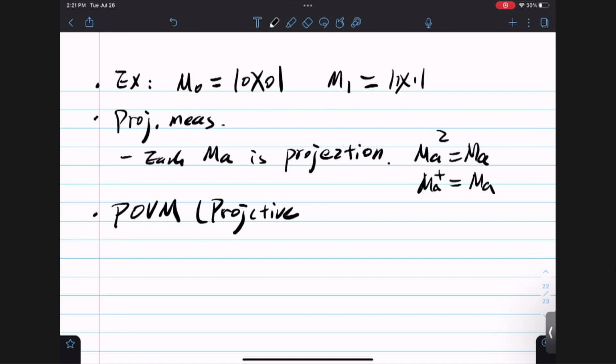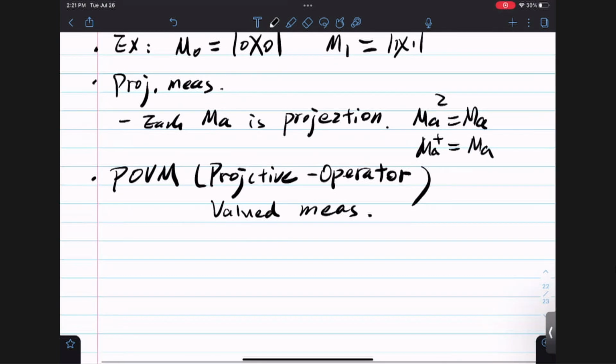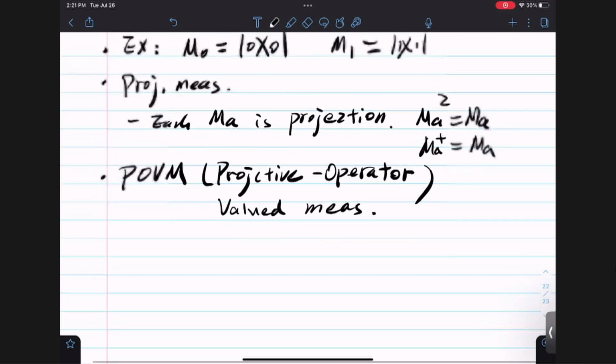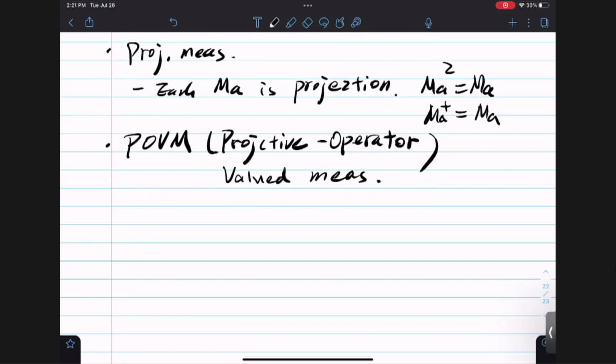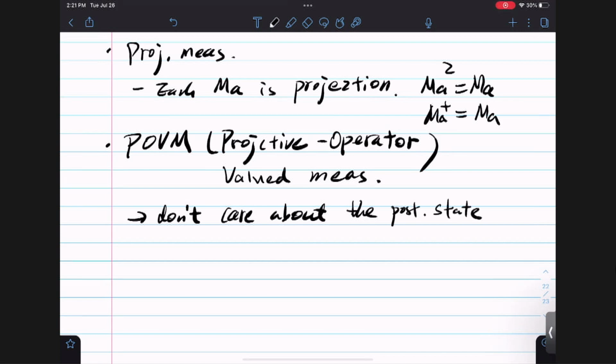So it's called positive operator valued measurement, or just POVM. So what is POVM about? In this measurement, our motivation is that we don't care about the posterior state, so we don't care about what's the resulting state after measurement. We just care about the statistics of this measurement.